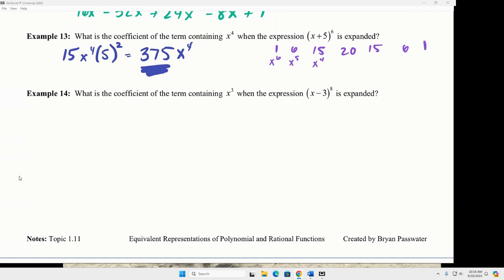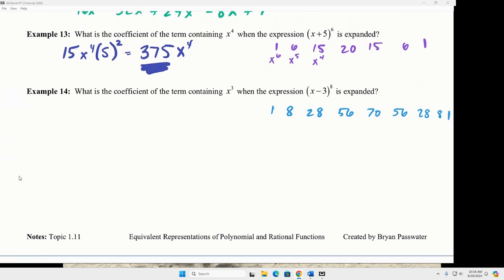So we need to go all the way to the 8th. So I'm going to write down what that is. Almost didn't give myself enough room.